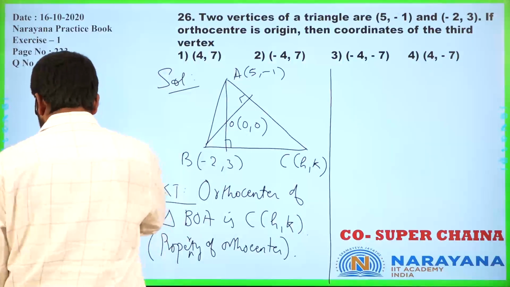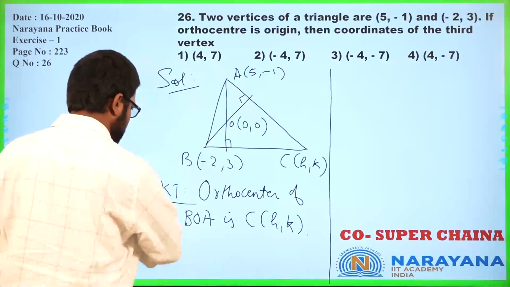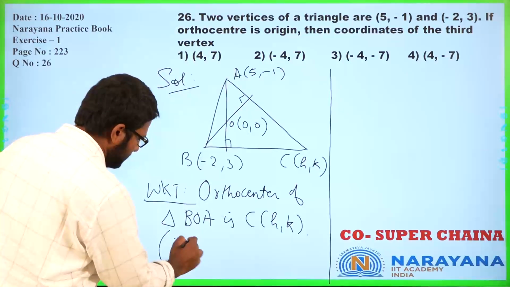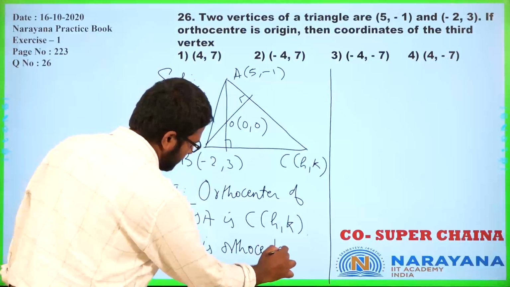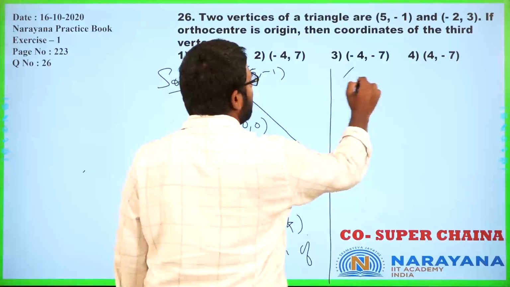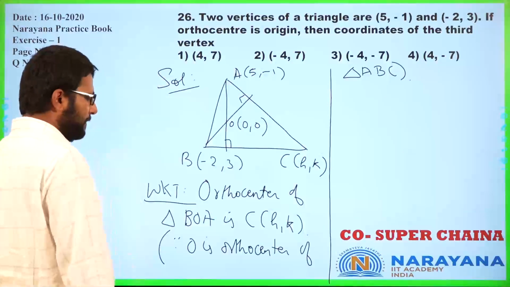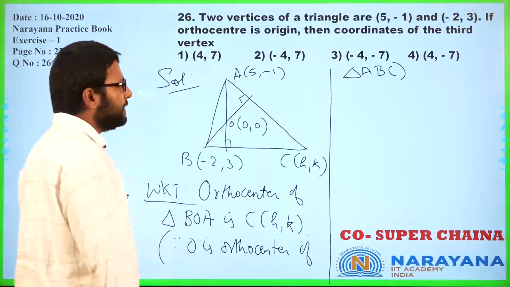Or rather we should say, since O is the orthocenter of triangle ABC, C is the orthocenter of triangle BOA. That is another way of remembering it.